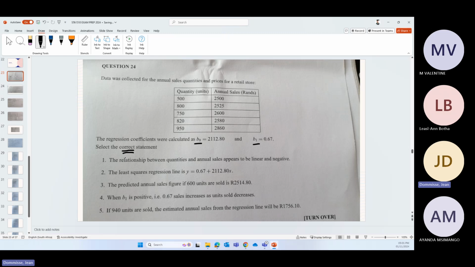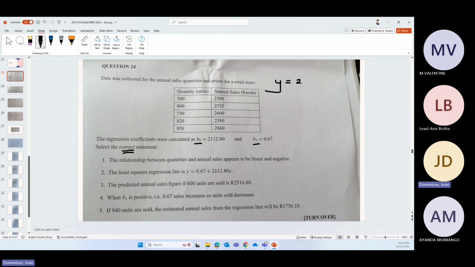Yesterday we had one that was correct and one that was incorrect. So it's always good to look at the correct one, and if we quickly write that down, B0 is the y-intercept.